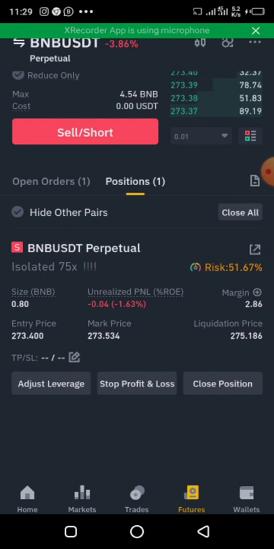This liquidation price means that I'm selling this, I'm taking a short on this BNB USDT. The entry price is 273.4 and the mark price is what it is at the moment. The mark price is 273.5.